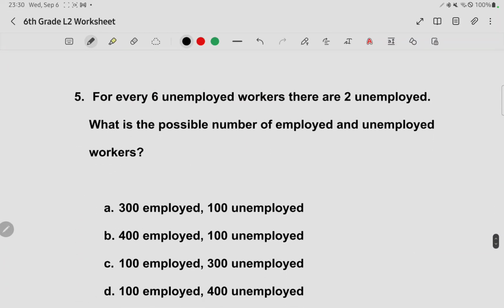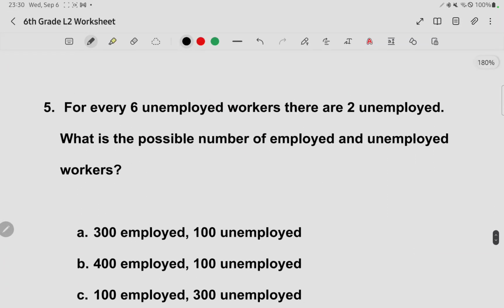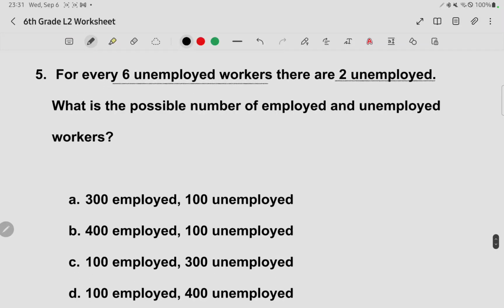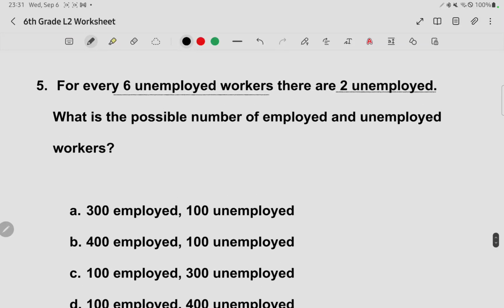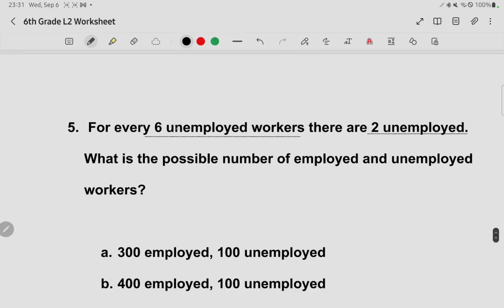Okay. For every 6 employed workers, there are 2 unemployed. What is the possible number of employed and unemployed? Okay, I think it should say employed.